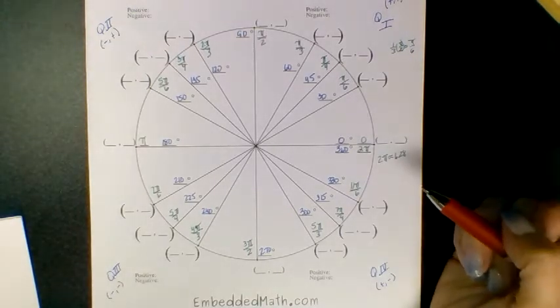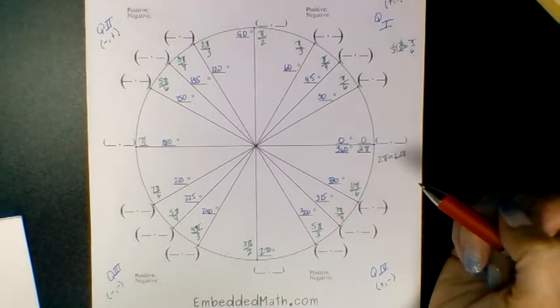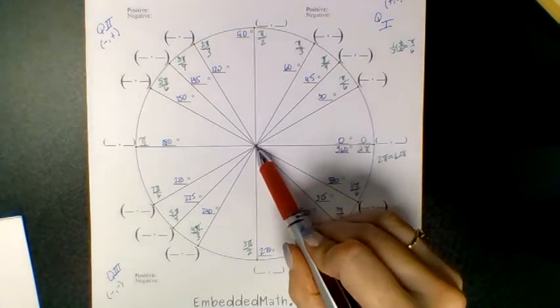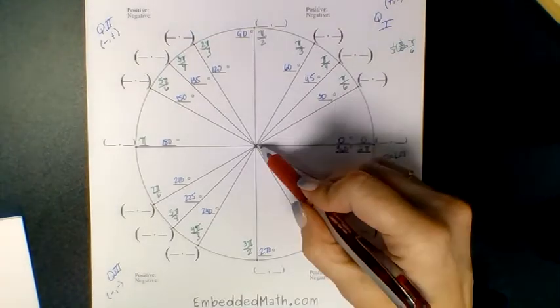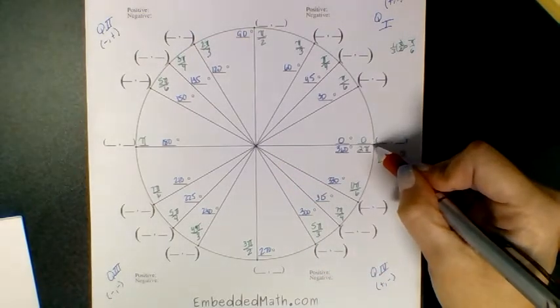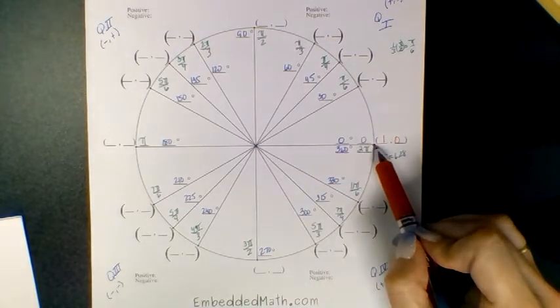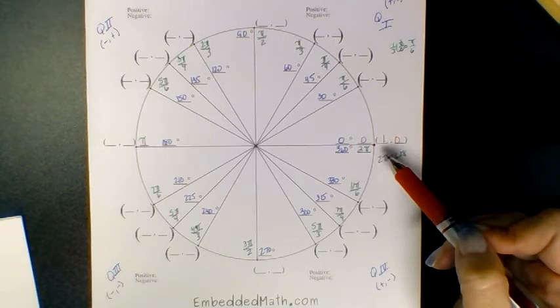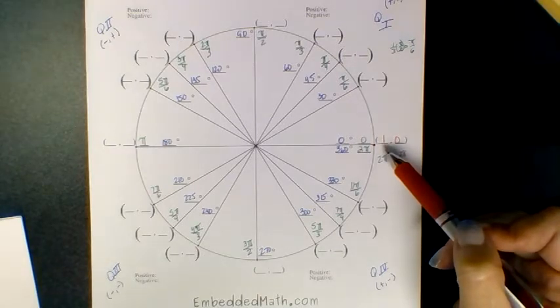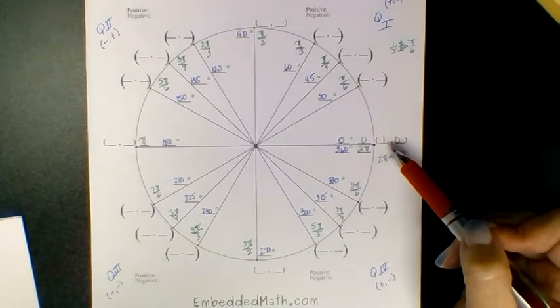The quadrantals are easy. The unit circle is defined as a radius of 1 unit. So this point on the positive x-axis is 1, 0. My x-coordinate is 1, my y-coordinate is 0. Since the radius is 1, that's the largest value I'm going to have all the way around: positive or negative 1.